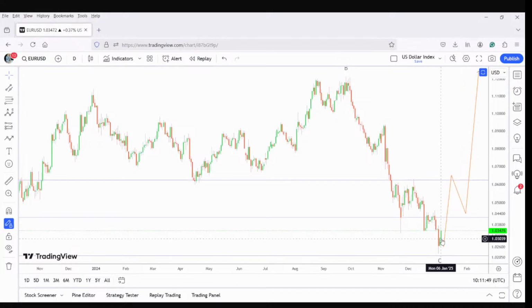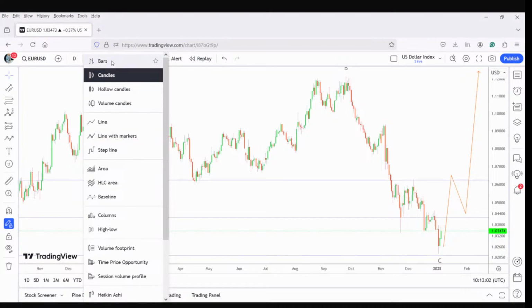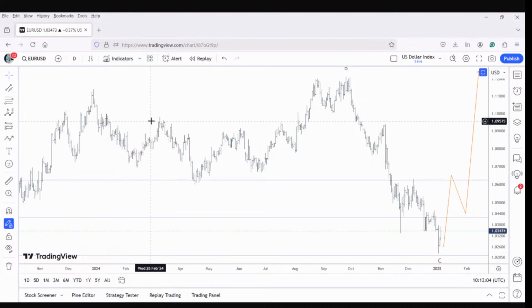Now, by the end of the day, if you see a close above that high, it's a perfect practically tradable engulfing bullish. So be prepared for taking longs from here on.